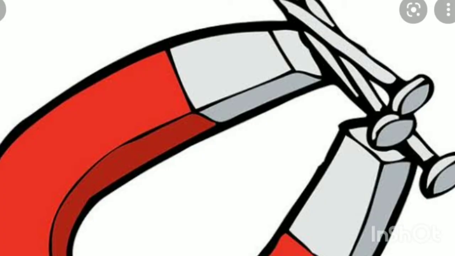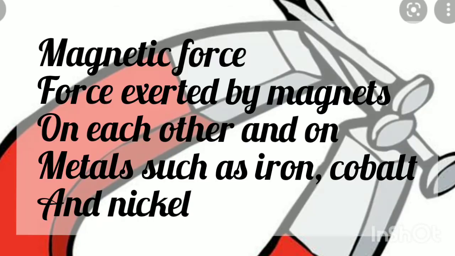The next one is magnetic force. What is meant by magnetic force? All of you have watched a magnet pulling the iron nail, is it not? Now, the force exerted by magnets on each other and on metals such as iron, cobalt, nickel is called magnetic force.